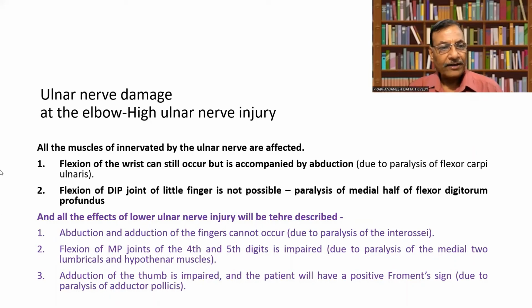Remember, the flexion at the wrist can still occur, but it will be accompanied by abduction due to the fact that flexor carpi ulnaris is paralyzed. The flexion of the DIP joint of the little finger is not possible because of paralysis of the medial half of flexor digitorum profundus. All other tests that we have already done will be found positive.